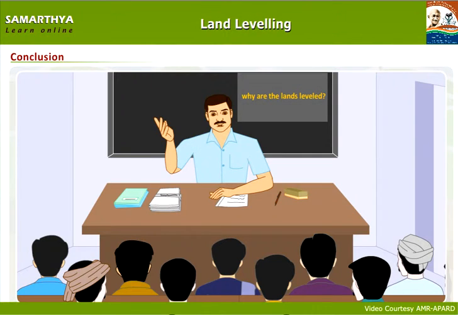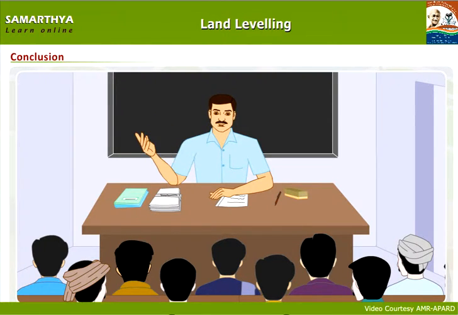If the question is why the lands should be leveled, it is because agricultural activities get easier on a leveled land. If the fields are uneven with a lot of undulations, then the agricultural activities would become tougher. In such situations, the land should be leveled.